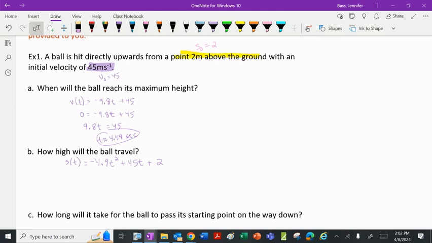So we're going to insert 4.59 seconds into this. So negative 4.9 times 4.59 squared plus 45 times 4.59 plus 2. Now, make sure that you put a negative in front.